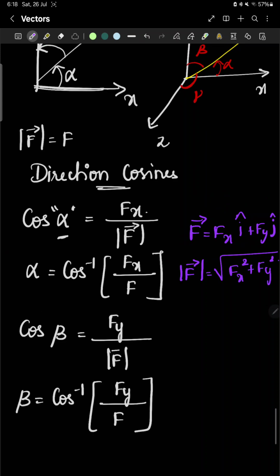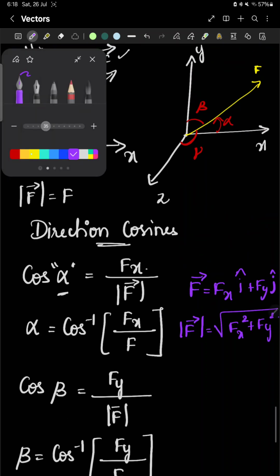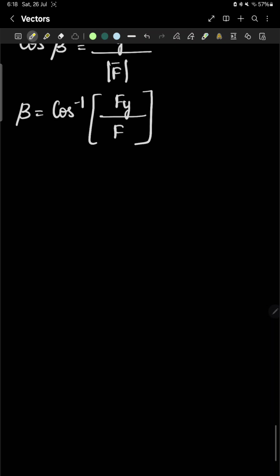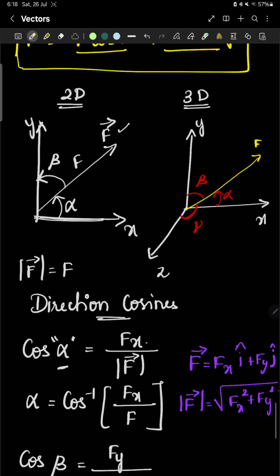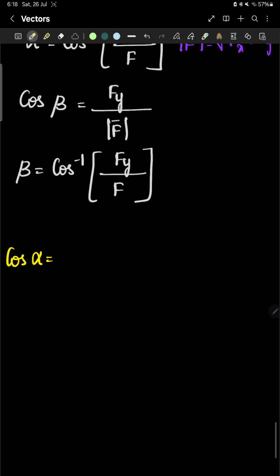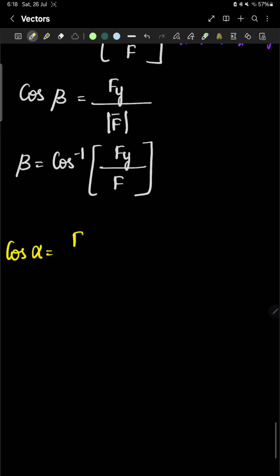Similarly, now we are going to derive it for three dimensions. When I jump into three dimensions, I will have cos alpha, cos beta and cos gamma. If I consider cos alpha, I want to calculate the angle made by this vector with respect to the x-axis, so cos alpha can be written as Fx divided by the modulus of F vector.